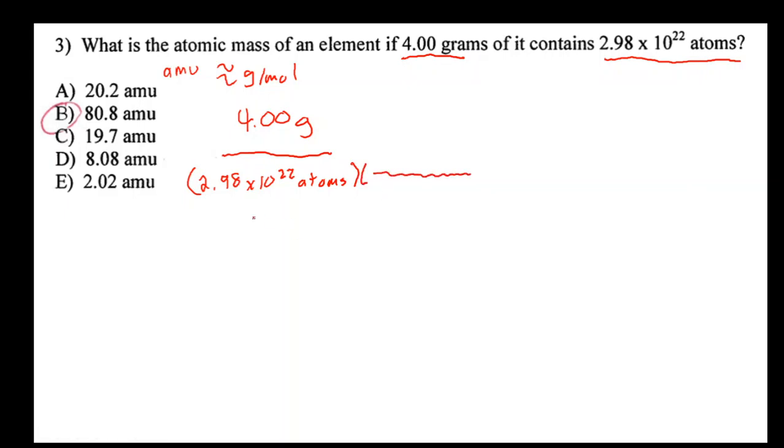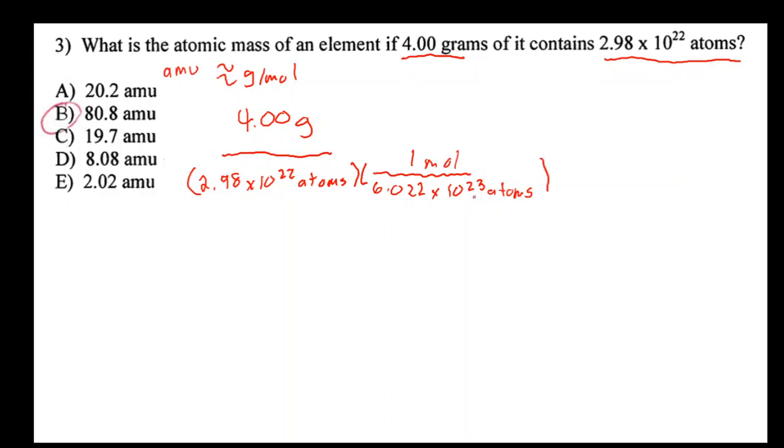So remember, unit cancellations, we want the stuff we're getting rid of on the bottom. So Avogadro's number is 6.022 times 10 to the 23rd atoms per mole. 1 mole.